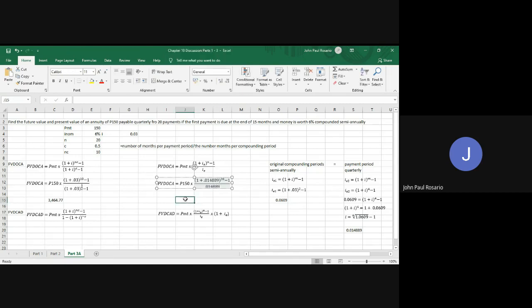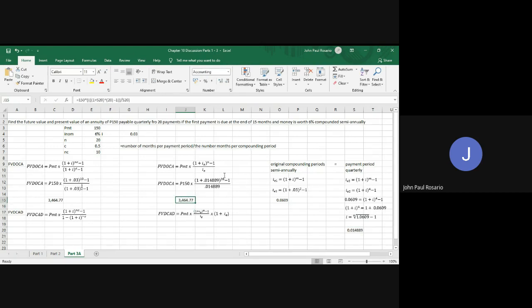So if you would calculate this, it would look like this: 150 multiplied by 1 plus our equivalent I, and then we raise that to 20, and then we deduct 1, and then we divide that by our equivalent interest rate per compounding period. Okay, so again, we got the same answer.